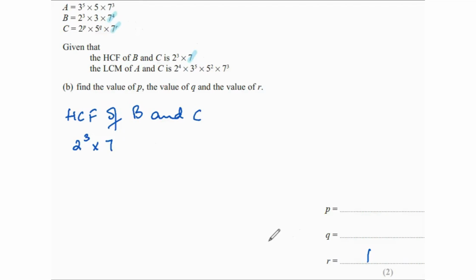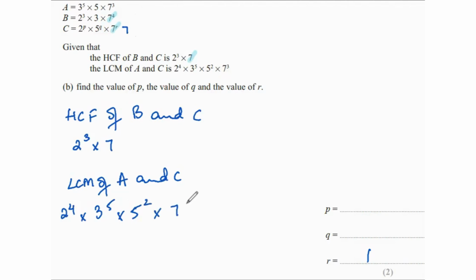Now we talk about P and Q. If you look at the LCM of A and C, for the LCM we said that we take all of the numbers and then we take their highest powers. So the LCM of A and C: we have 2 to the power of 4, then 3 to the power of 5, then 5 squared, and then 7 cubed.